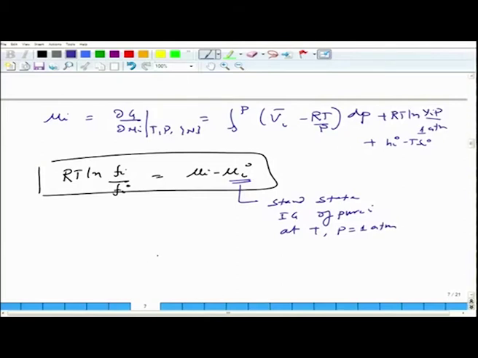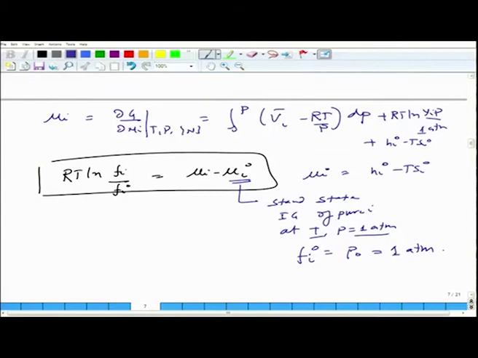In that case, mu i is nothing but, for the pure case, small g i, which is going to be hi0 minus Tsi0, considering these conditions for the pure case. And of course, considering the standard state is an ideal gas, fi0 is going to be P0, which is going to be 1 atmosphere.